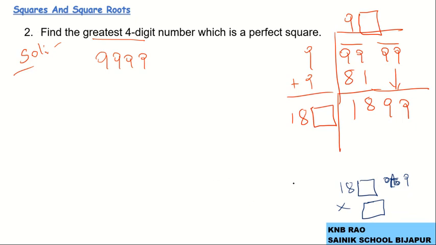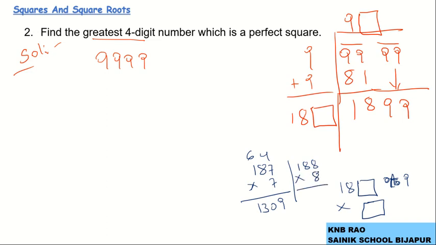Now, we will check with both 187 also, and you can check even 188 also. 7 7s are 49, 7 8s 56 plus 4 is 60, 7 1s are 7 plus 6 is 13. Next, coming to 188.